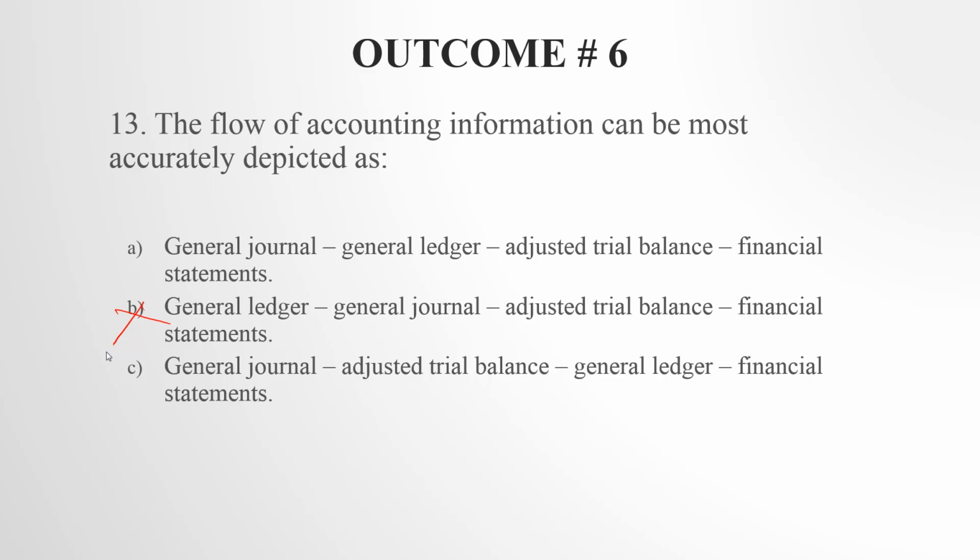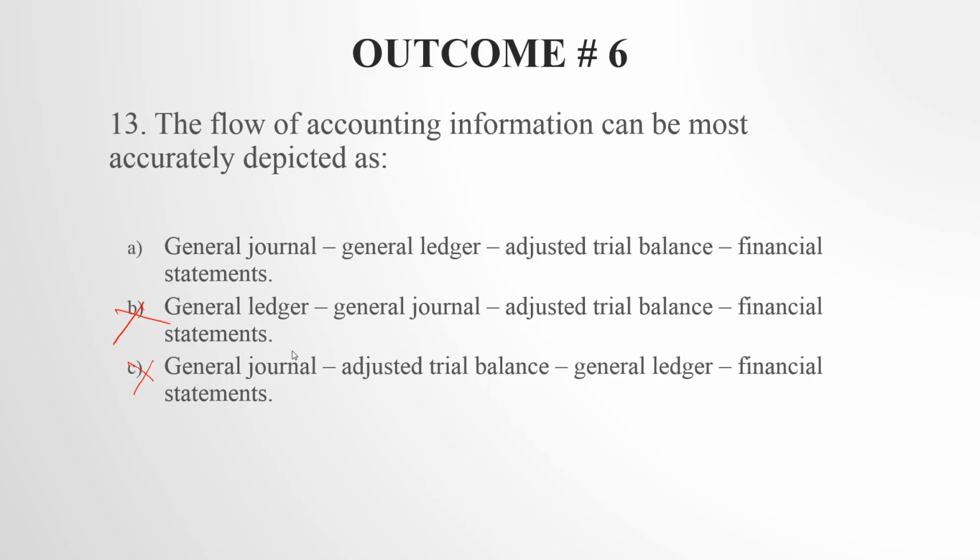From the general journal, it goes to the general ledger, making C wrong. From the general ledger, it goes into the trial balance, which provides the ending balance for all the accounts. From trial balance, we get to the adjusted trial balance, which makes adjustments such as accrual entries, and then we prepare the financial statements from the adjusted trial balance.